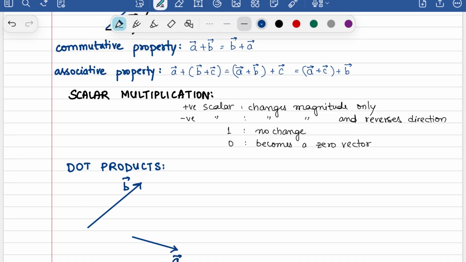Now, to do the dot product, you need to understand what is the angle between the two vectors. Okay, so the angle between vectors is defined when the tail touches the tail or tip touches tip.